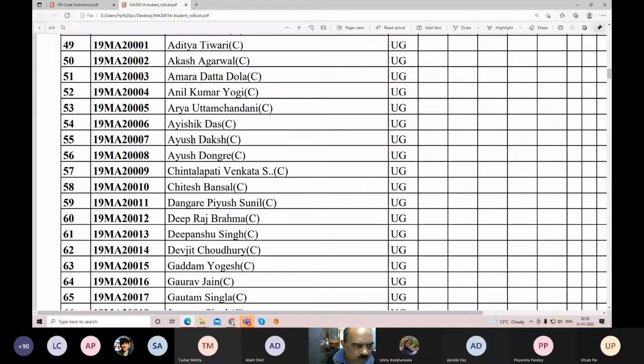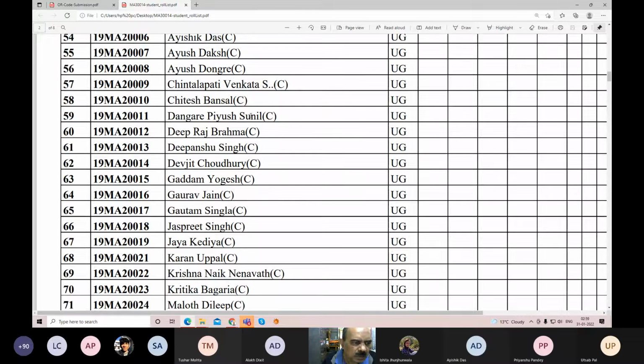54. Then 56 Ayush, 57 Venkat, 58 Chitesh Bansal, 59 Piyush Sunil, 60 Deepraj Brahma.